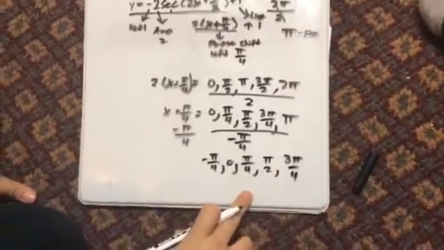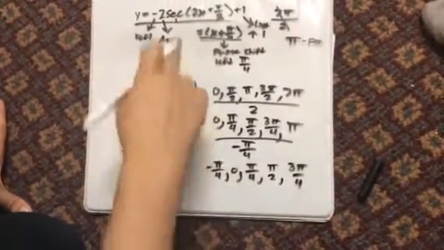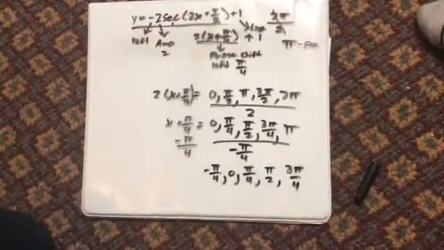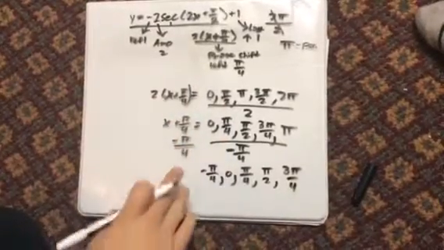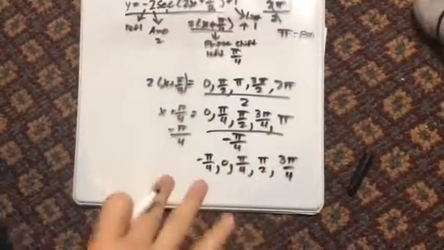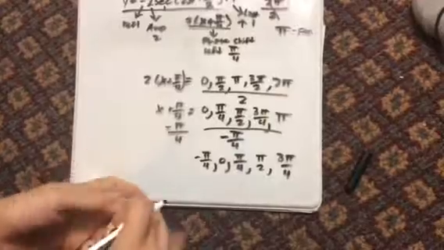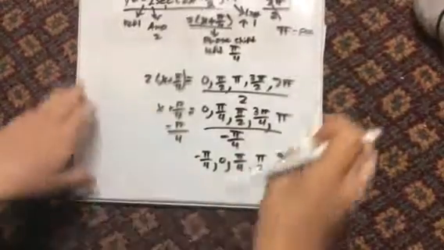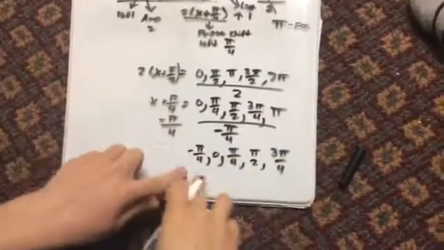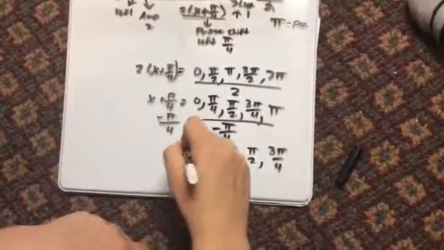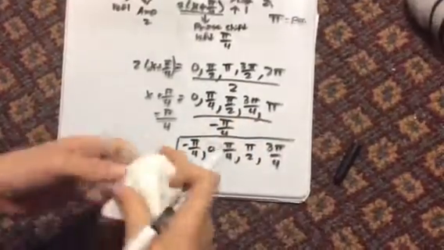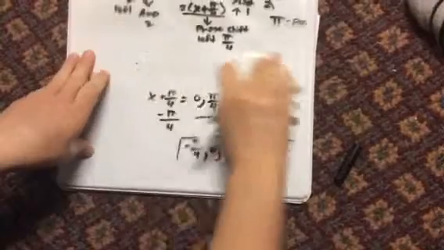So these are going to be our coordinates that we're using for this graph, because we already did the phase shift when we pulled them from the original x coordinates. So I'm going to erase the work that we just did. I'm going to leave these coordinates right here. And we're going to graph this.